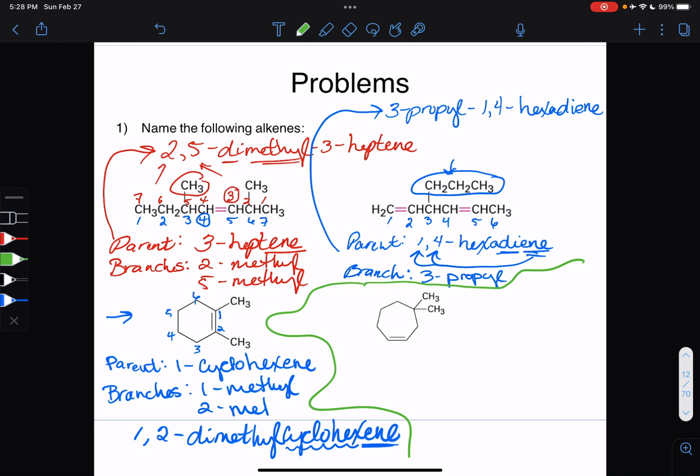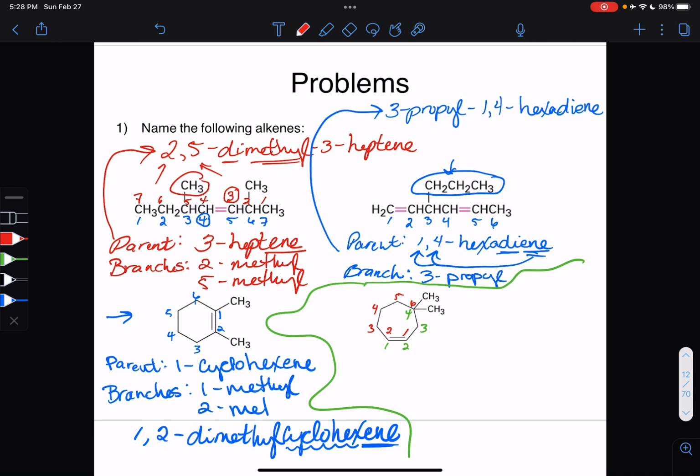So we have a couple of choices. We can go 1, 2, 3, 4, like that. Or we can do 1, 2, 3, 4, 5, 6, like that, because we're going to start our double bond on carbon number 1, because we have to keep the double bond at the lowest number possible.